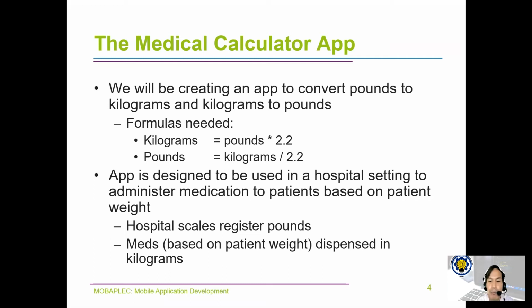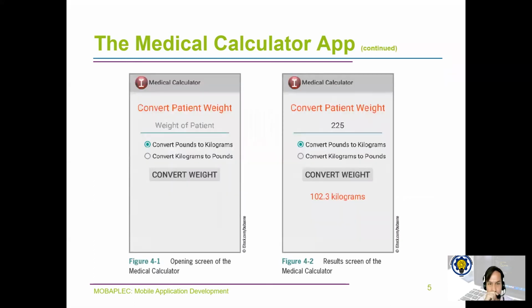Okay. Then on the fifth slide, as you can see here in figure 4-1, the opening screen of the medical calculator. This is actually the design or layout wherein we could convert the weight of a patient.